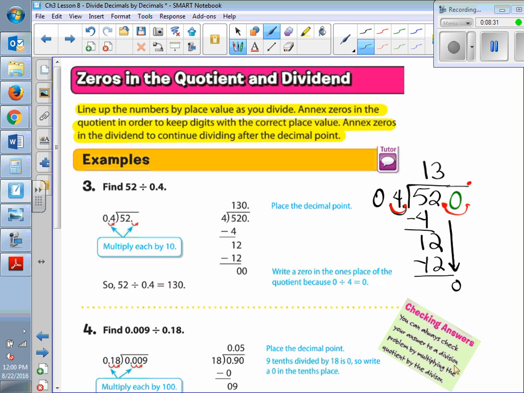Yes, we have to keep on going. How many times does 4 go into 0? 0 times. So we're going to put a 0 up there. So 0 times 4 is 0, and there's our final, no remainder. Is everybody clear? Yep. All right.